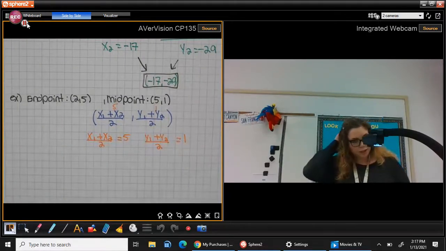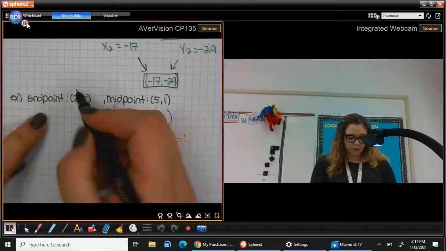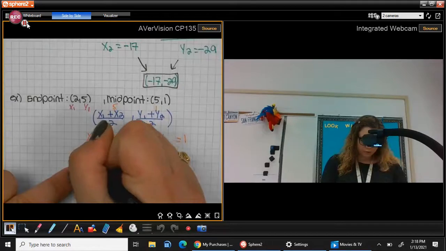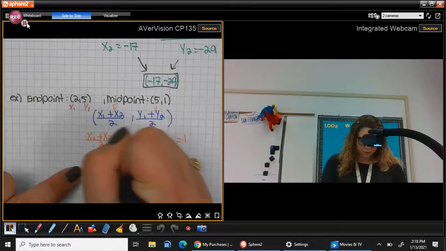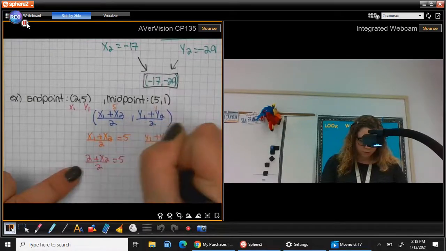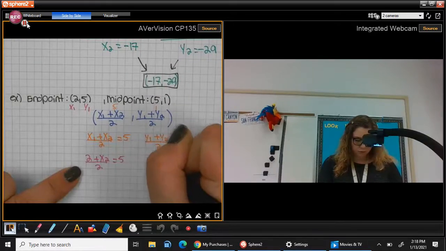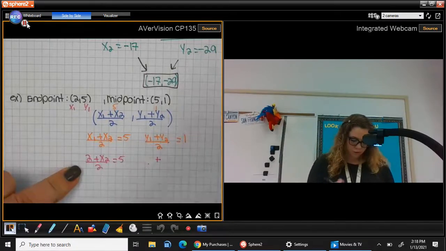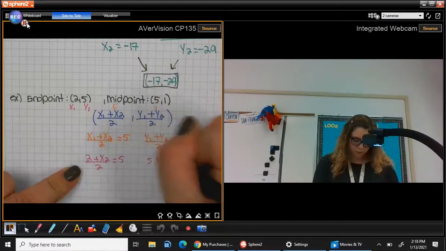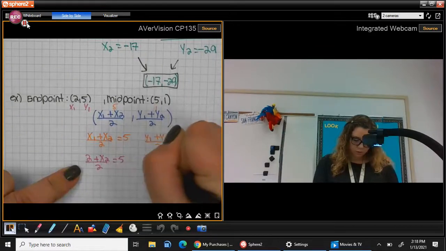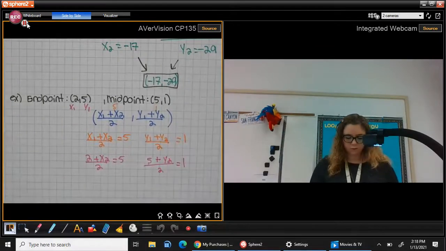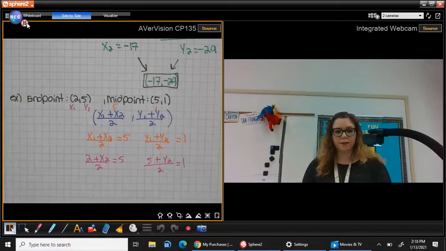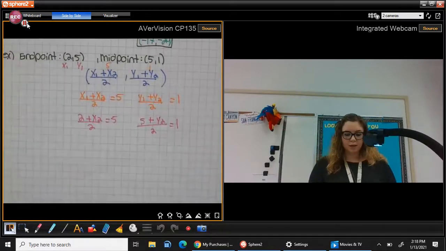Then I'm going to plug in my endpoint. So this is x1, this is y1. And then after I do that, I'm going to do the fun part, and I'm going to multiply both sides by 2 and solve it.